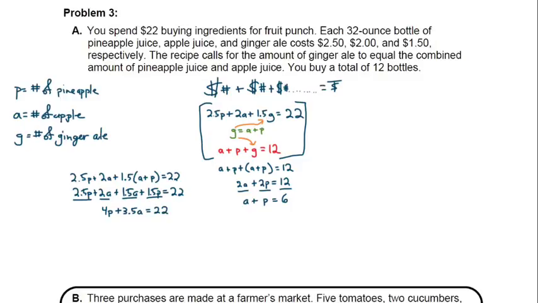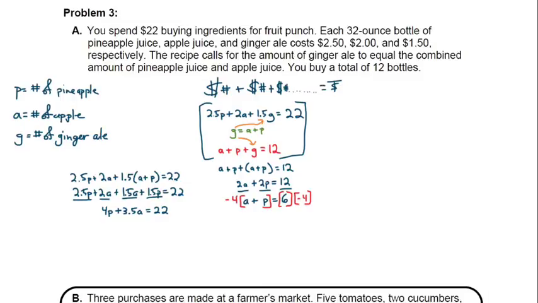Alright? Now you should notice that I have two equations, both without a G. I got this one and I got this one. Now, I started off with substitution. No one ever said you had to do substitution the whole way. So here's what I'm going to do. I'm going to multiply this equation by 4. Actually, I'm going to multiply it by a negative 4.